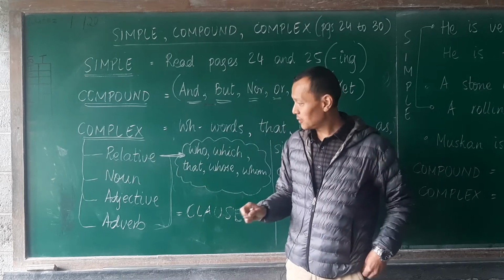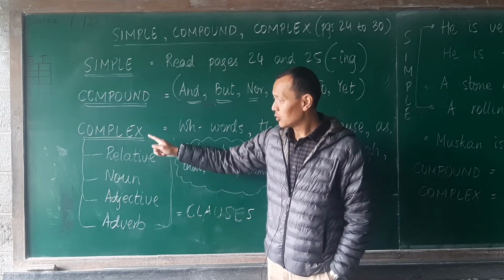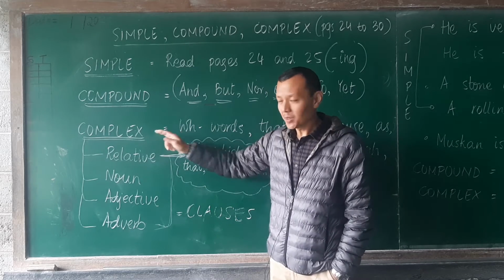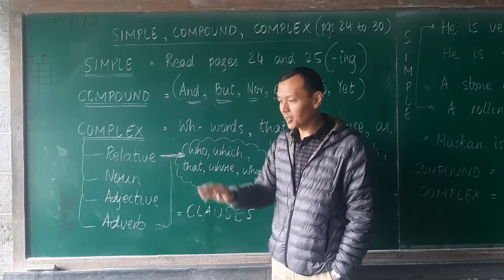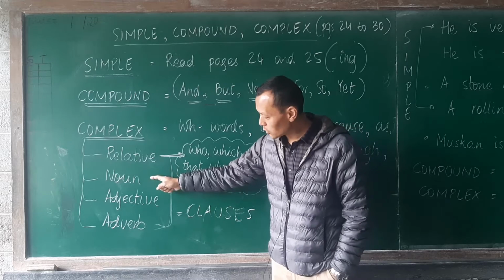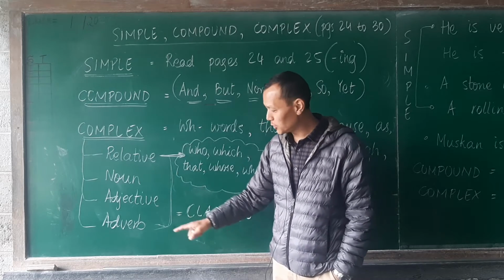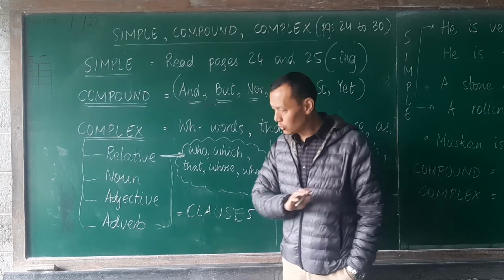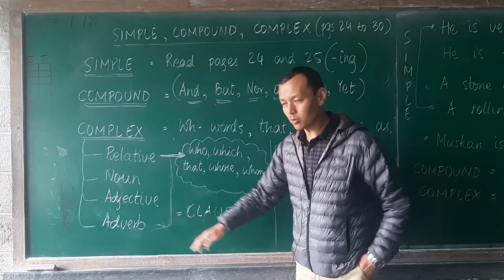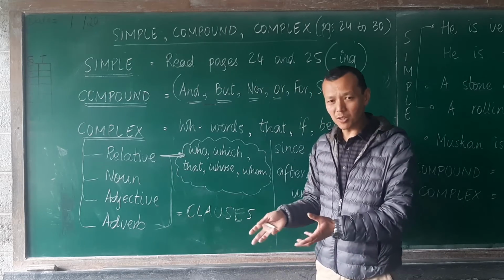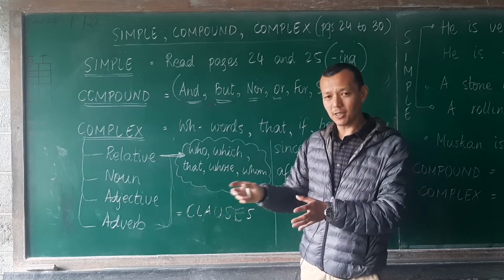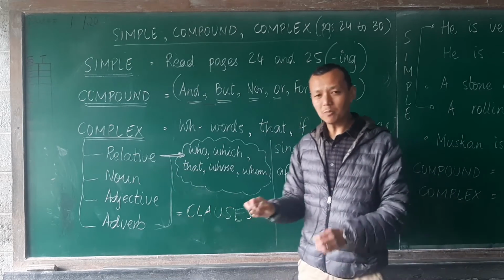In the exam, they give two sentences, and in the bracket they say join the sentences into one complex sentence. Or instead of saying complex sentence, they may say join using a relative clause, join using a noun clause, join using an adjective clause, join using an adverb clause. You don't have to worry about what they individually mean, or what function they perform in the sentence.